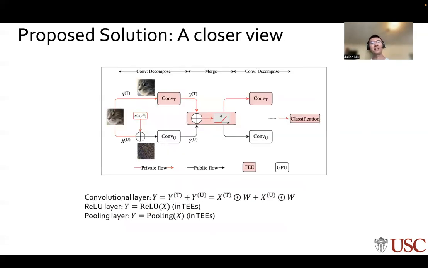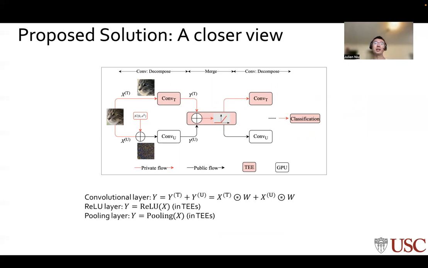If we take a closer view of the method, the asymmetric data decomposition happens in the convolution layers. We first decompose the data into XT and XU. Then the convolution in the TEE reads XT and does the secure convolutions, and for XU we have the convolution in GPUs, which reads XU and does the convolution operations.